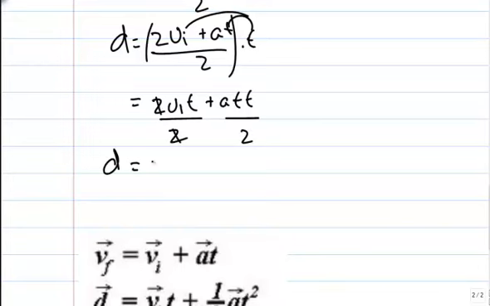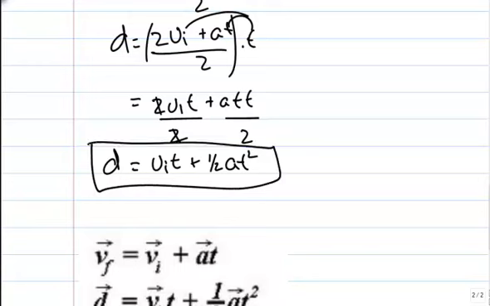So I get D is equal to VIT plus AT squared, because T times T is T squared over 2, and we often can write that as 1/2. Dividing by 2 is the same as multiplying by 1/2. So D is equal to VIT plus 1/2 AT squared, and that's the next equation we've got at the front of the room. That's the third equation.